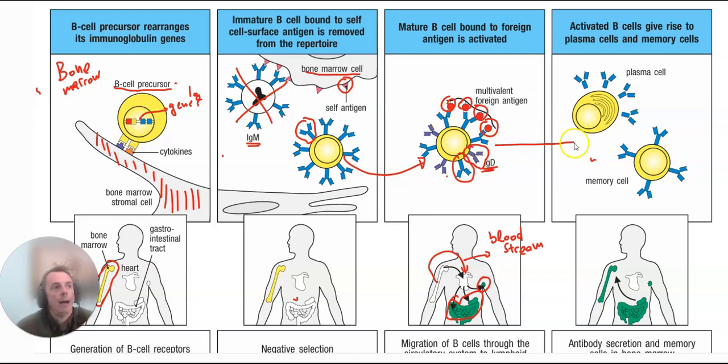Once they are activated, they proliferate and they differentiate into, first, antibody secreting plasma cells, and two, long-lived memory cells.